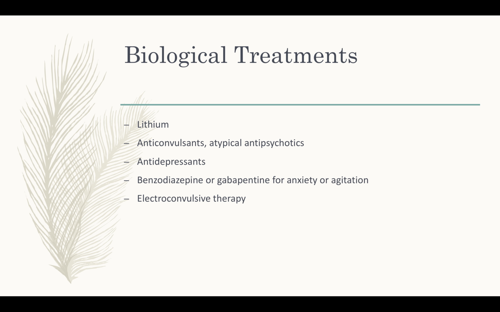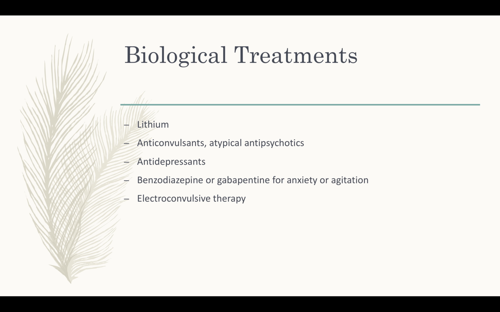It has been shown to be an effective intervention for those struggling with bipolar, and it specifically seems to help improve manic episodes. So again, not necessarily sure why it works at this point, but we do know that it works for those folks, so it is often prescribed to folks with bipolar.